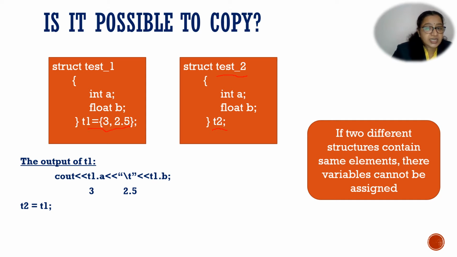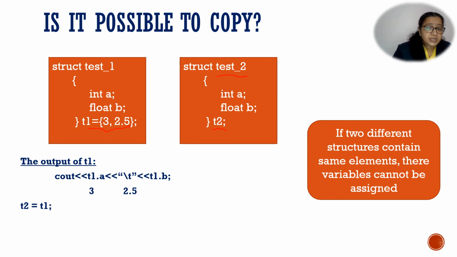Just read that: if two different structures contain the same elements, their variables cannot be assigned. Test1 is the name, test2 is another structure, but the elements are the same. But still the variables cannot be assigned.